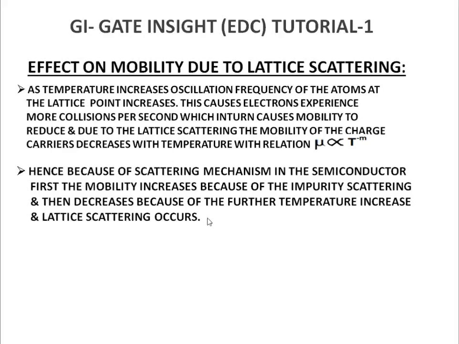Then, with more temperature increase, there are oscillations in the atoms, and because of that there is lattice scattering, and the mobility decreases. Previously, in impurity scattering, we have mu proportional to T to the power of M, and in lattice scattering mu proportional to T to the power of minus M.